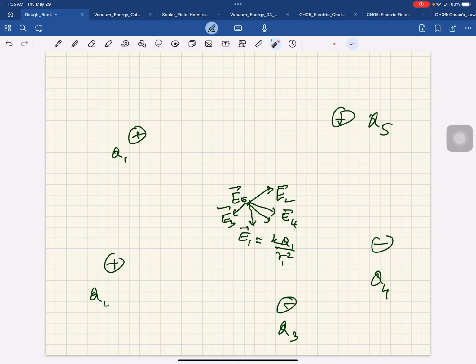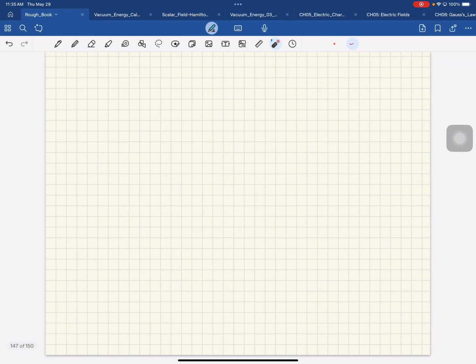Now, for this general situation, that method won't work. So the method I'm going to tell you to calculate the electric field everywhere will work for a symmetric charge distribution. So here's an example.